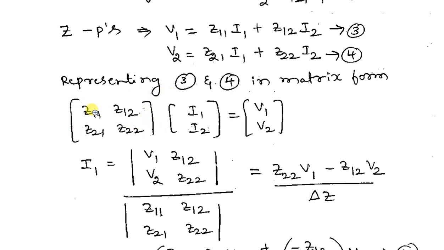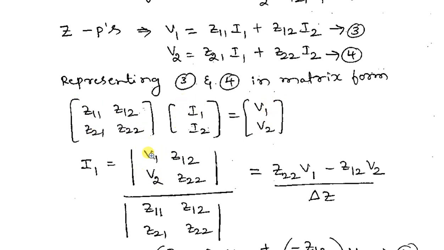The determinant of the Z matrix is Z11 Z22 minus Z12 Z21. That is represented as delta Z. Delta Z is the determinant of the original Z matrix. After that, to find I1, the first column is replaced by V1 and V2.